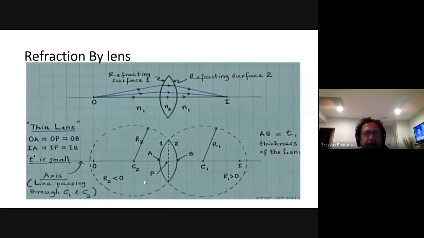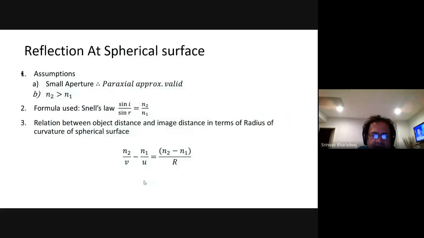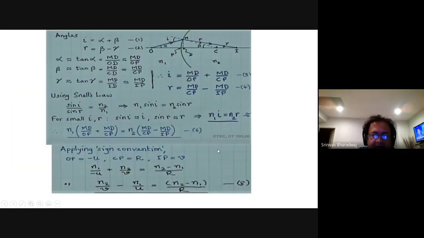Okay. Now, refraction by a lens. In a lens, there are two sides to the lens. There is this side, and then there is that side. When you have a thin lens, this equation changes slightly. You will end up with 1 by V minus 1 by U equals 1 by R, if you remember what happens to this N2 minus N1.